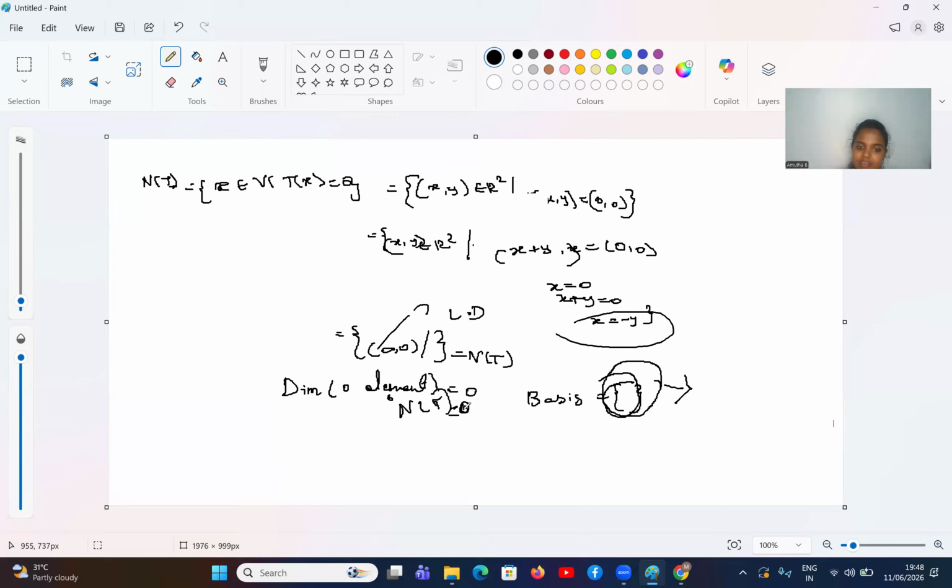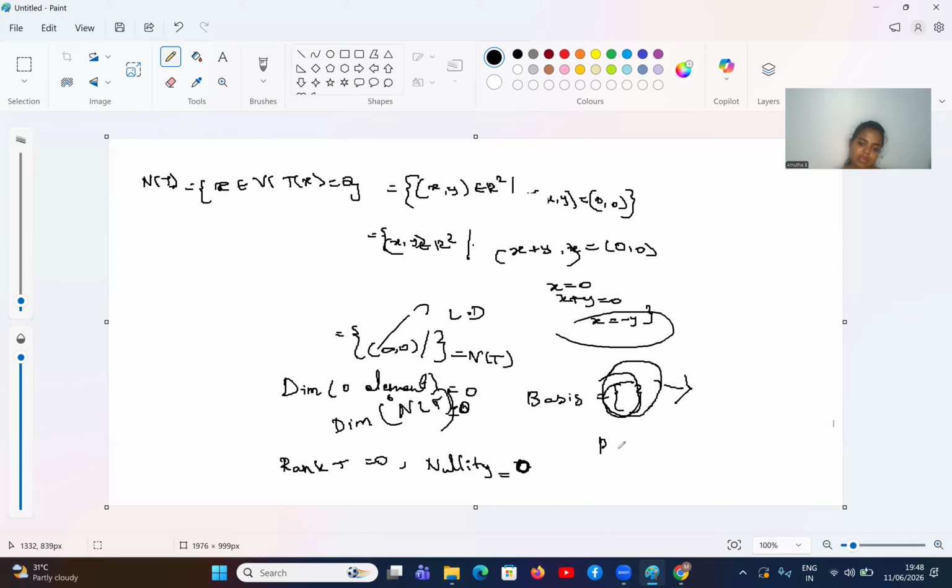Before, we found rank of T equal to 0. Nullity is nothing but the dimension of N of T, so nullity is 0. Now we are going to verify the rank nullity theorem.